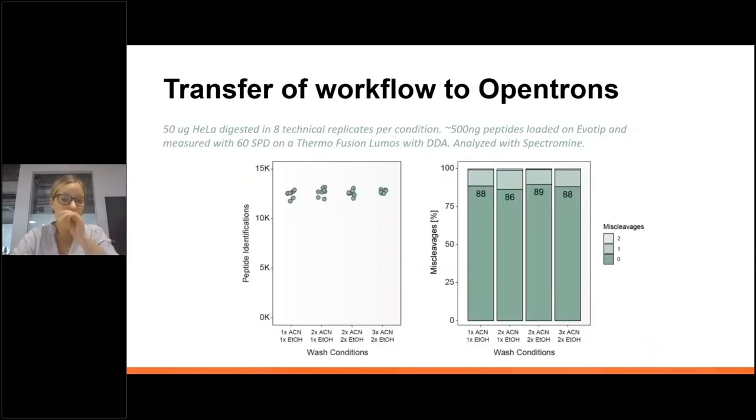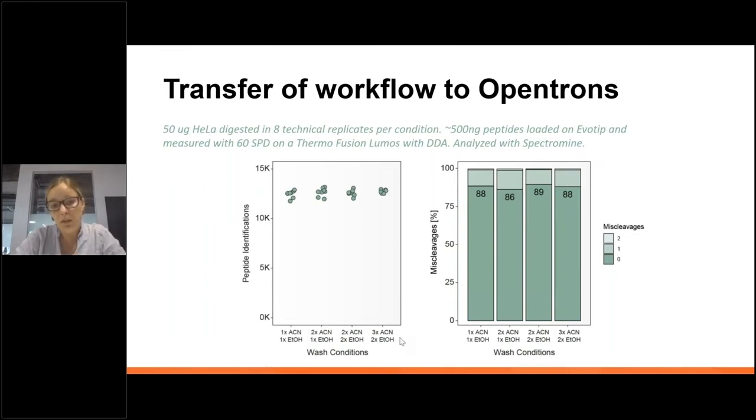So our first experiments on this were to see how many washes we need to perform in order to get an effective digestion, because obviously every wash takes time when we only operate 8 samples at a time. Our default workflow contains 5 washes on the Kingfisher, 3 with acetonitrile and 2 with ethanol.